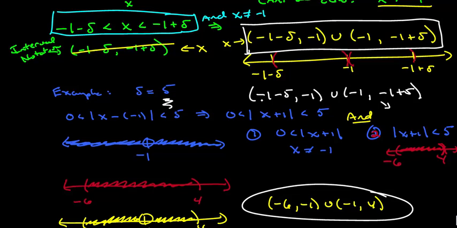And if we simplify, this one right here is -6, and this one right here is 4. Okay, so you should go through and try it with another delta value. Pick something else and make sure that it works.